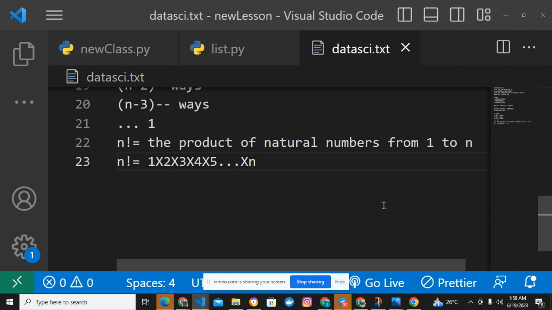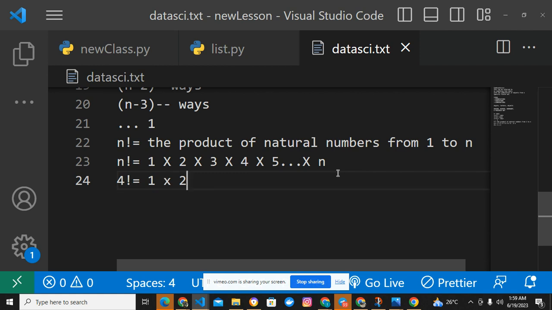This is what they are trying to tell us in Google. So if we have 4 factorial, let's assume we have 4 factorial, it means 1 times 2 times 3 times 4.